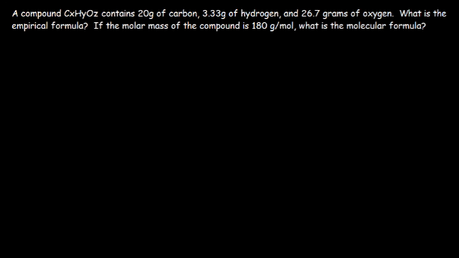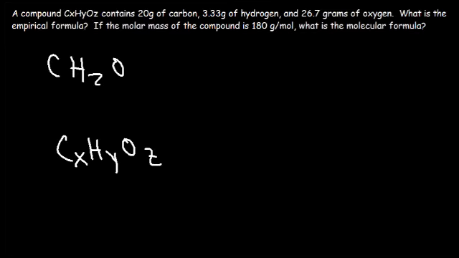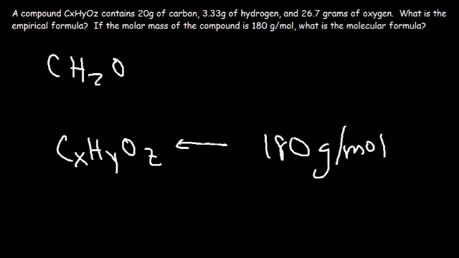So now that we have the empirical formula, how can we find the molecular formula if we have the molar mass? Now the molar mass for the molecular formula is 180. So what we need to do is find the molar mass of the empirical formula. Carbon is 12, plus the 2 hydrogens, which is 2, that's 14, plus oxygen, which is 16. 14 plus 16 is 30.